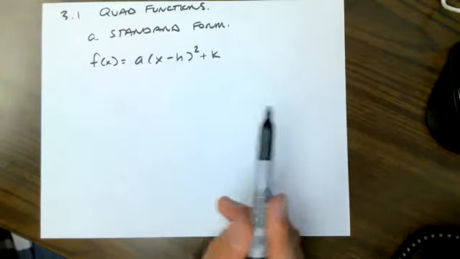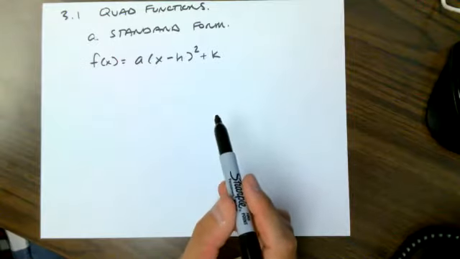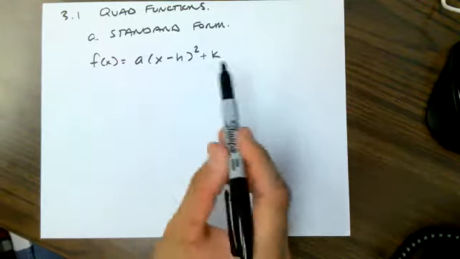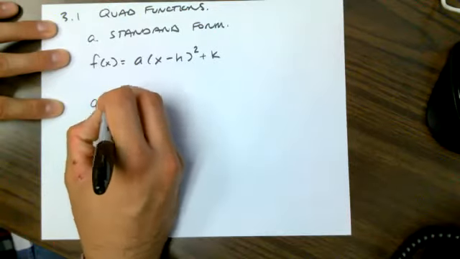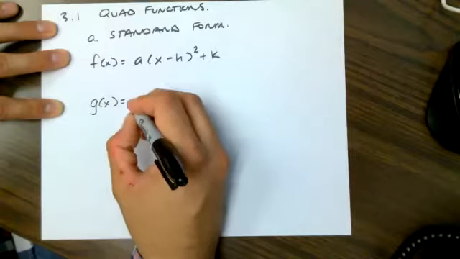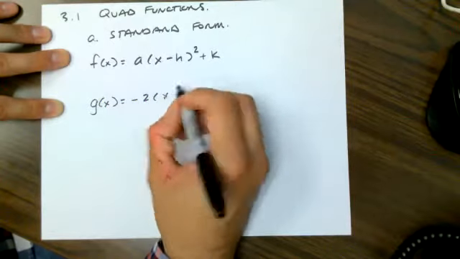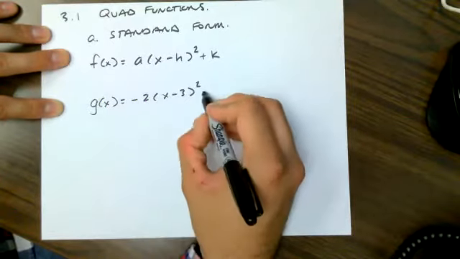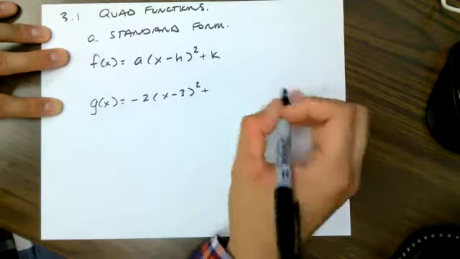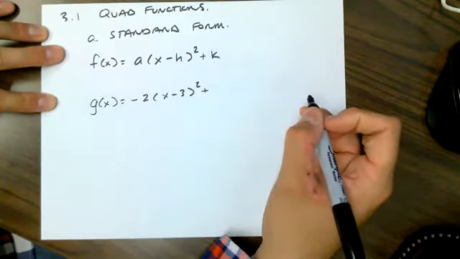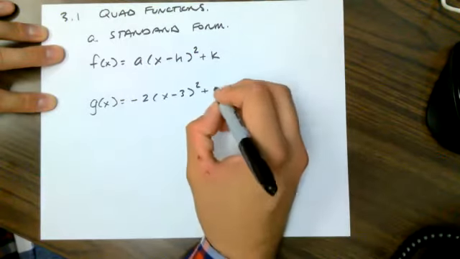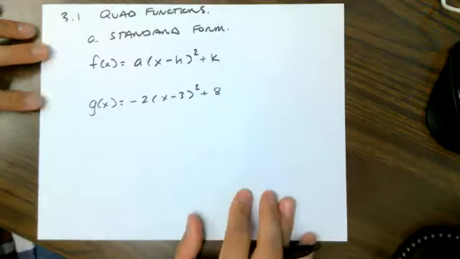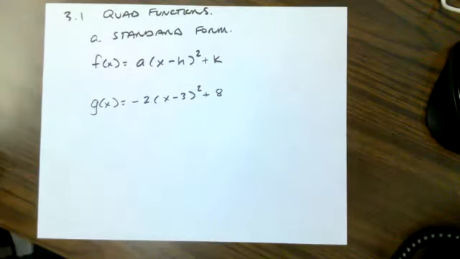And I'm going to use an example here to go through this setup. So let's look at one that's in this form. g of x equals, let's say, -2 times (x minus 3) squared plus 8.